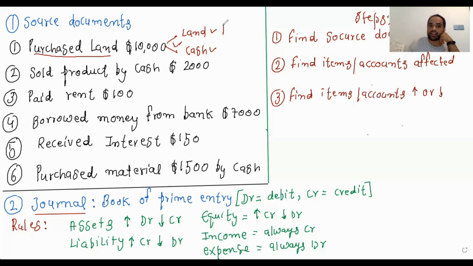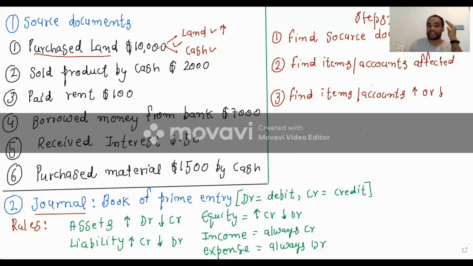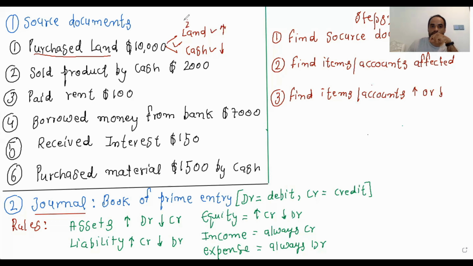Your land will increase, all right? Cash, when you purchase land, does company cash increase or decrease? Company cash decreases. This is step 2, and this is step 3, right? Increase or decrease.